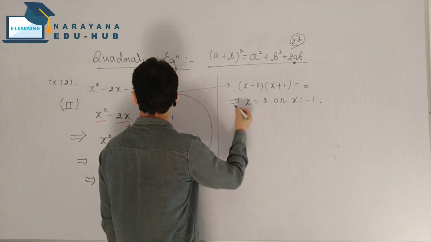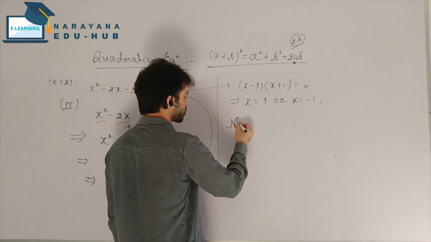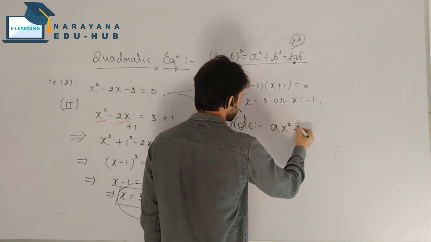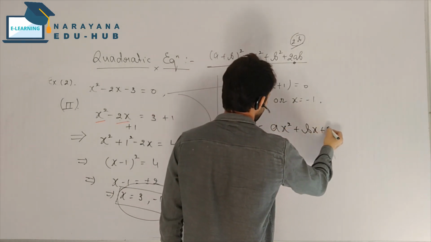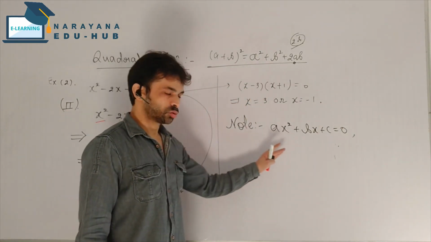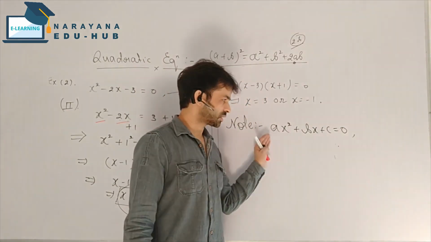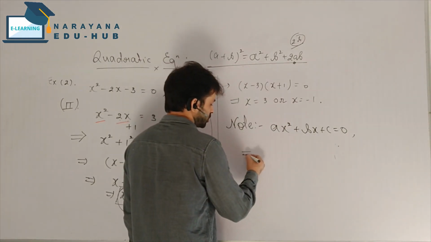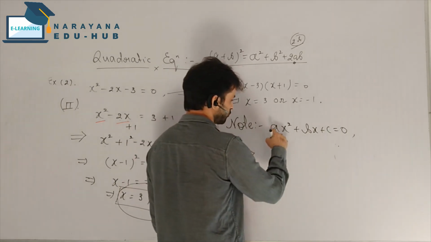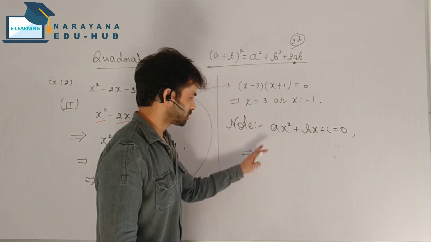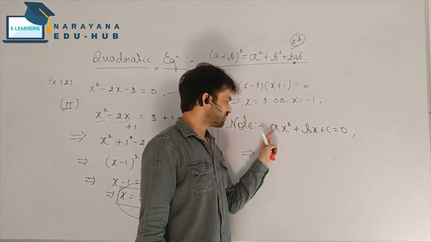We have ax square plus bx plus c equal to 0. I have to convert it into a perfect square. So first of all, this is x square, this is square, so I will divide by a.